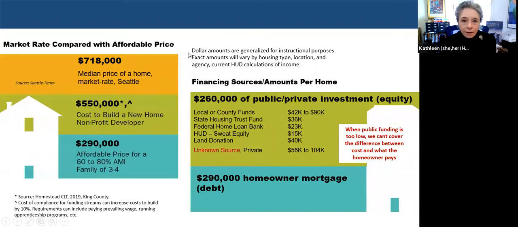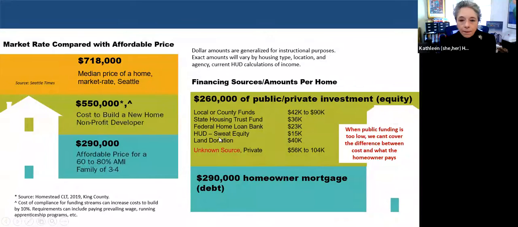But to do that, we have to go out and get public subsidies, either city funds. We're really lucky in the city of Seattle that we have really good levy funding, and please support your local housing levy when it comes up for renewal, or county funds. There are state funds, and funds from sources like the Federal Home Loan Bank.